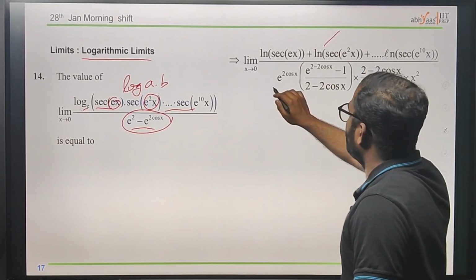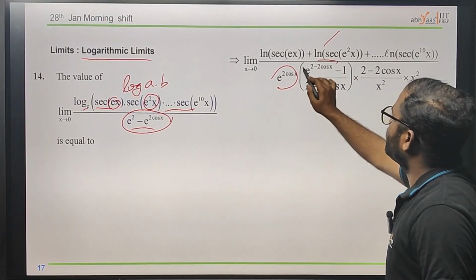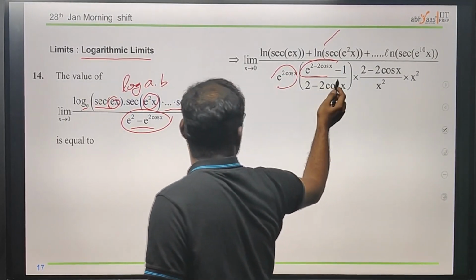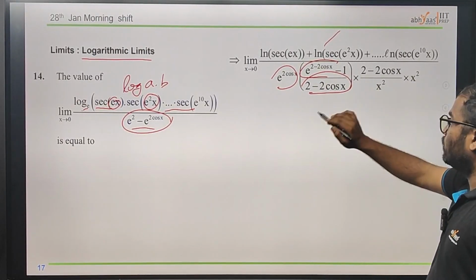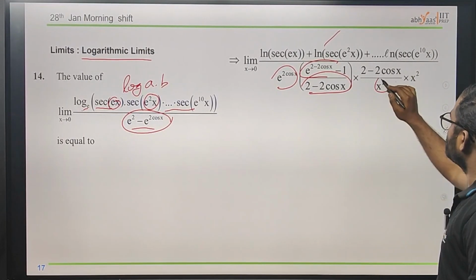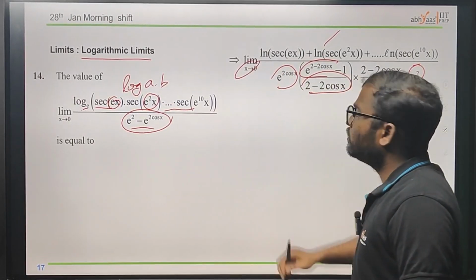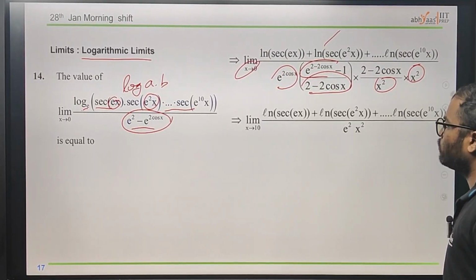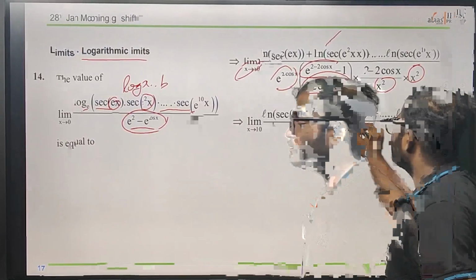In the denominator, e power 2 cos x, taking the common factor, which makes minus 1 divided by 2 minus 2 cos x, just multiplying numerator and denominator. Since we have x equal to 0, the assumption is possible, in order to make it equal to 1.